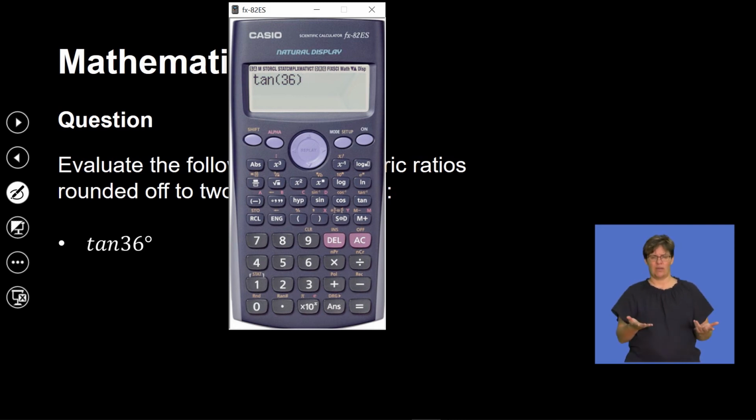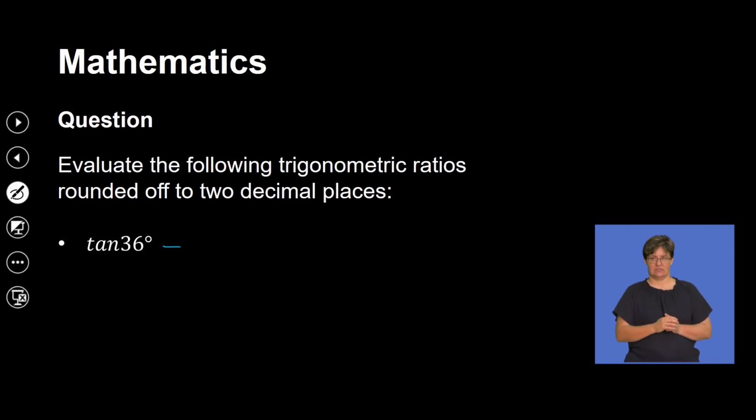So please, you don't need to write degrees. You're just indicating it when you write it down on paper to show that it's degrees in terms of angle. But with the calculator, automatically, if you press the ratio and press the value, it automatically takes it as a degree. So that will give me 0.73. So this will be 0.73.